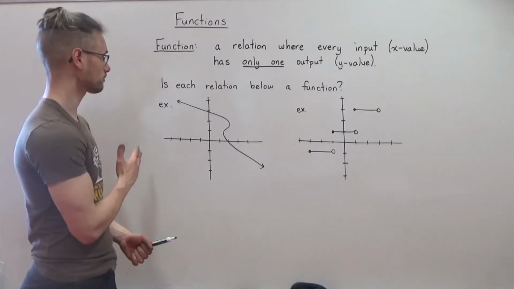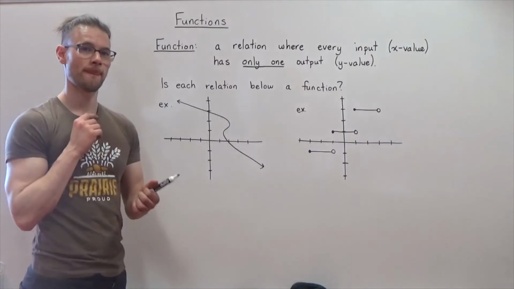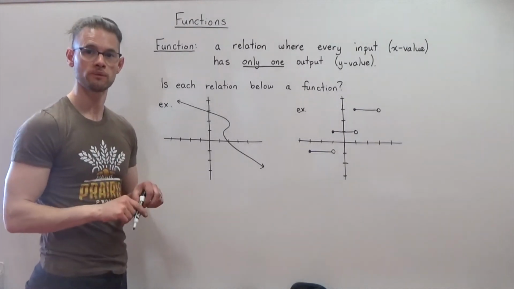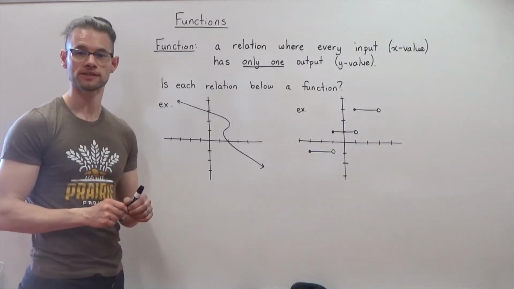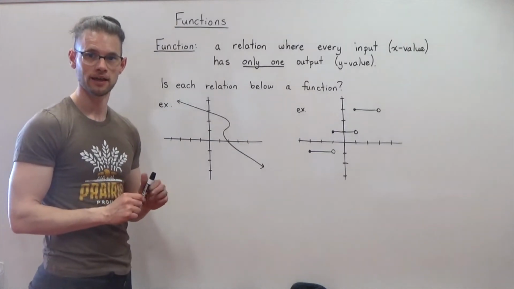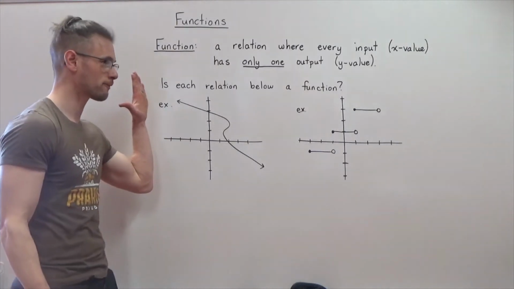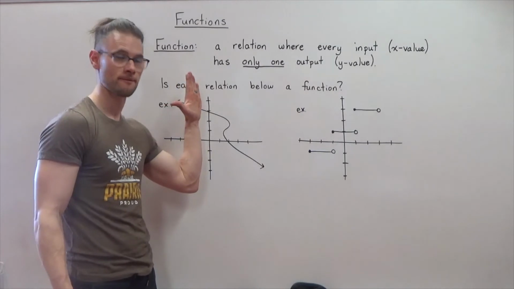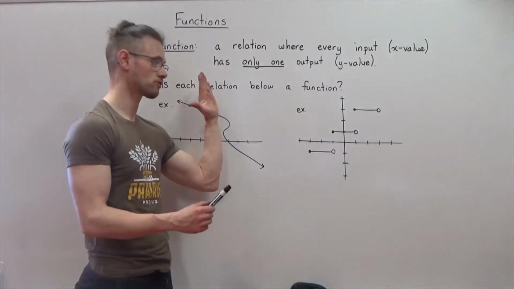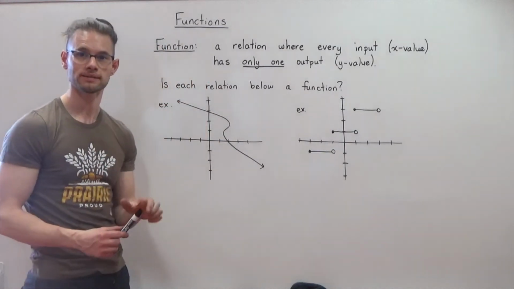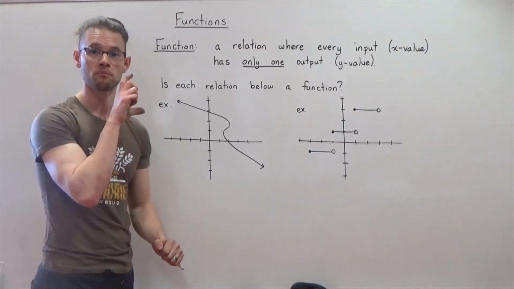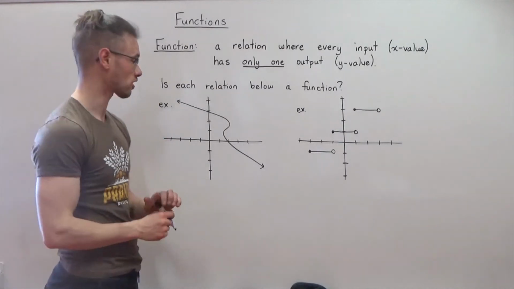So for this first one, if we're trying to consider, does every x value have only one y value, the simplest way to do that is using something called a vertical line test. And all a vertical line test means is that if you ran a vertical line across a graph, would it ever touch the graph in more than one place? In other words, do you ever have multiple y values stacked one on top of each other?